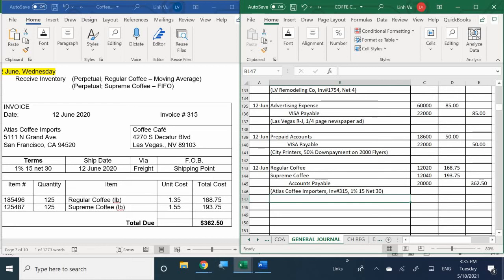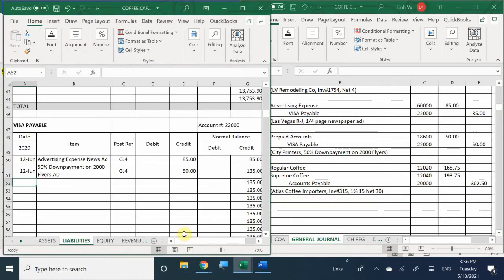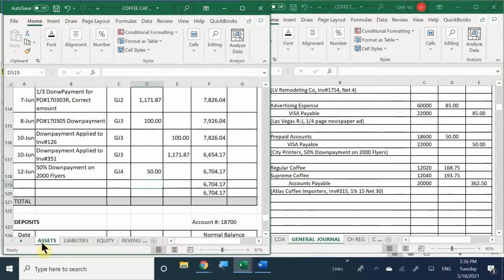We completed our journal. They match everything. So what is next? The general ledger for regular coffee. Yes, we need to update our ledger because now we have purchased inventory. So assets.